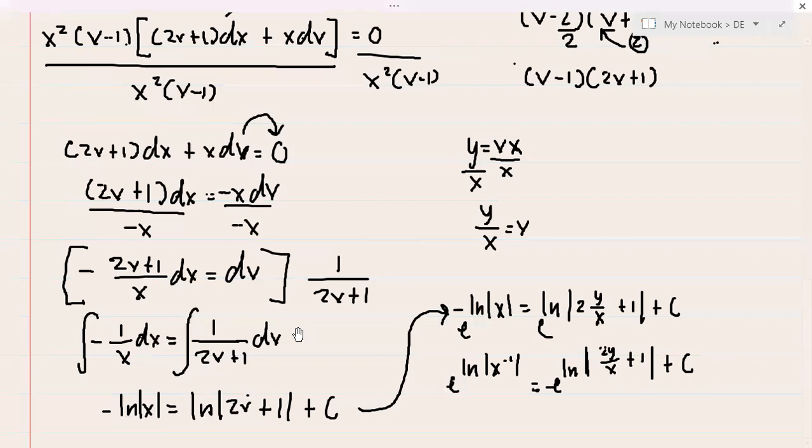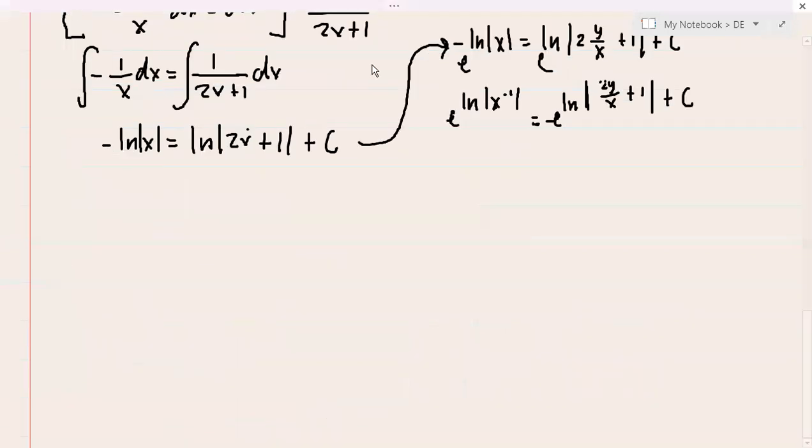Ayan. So dito, let's now simplify yung kaliwa. We can cancel e at saka si ln. So we will have x raised to negative 1. On the right side, you still need to separate ln at saka si c para makancel natin si ln. So we will have e raised to ln of 2y all over x plus 1 times e raised to c.